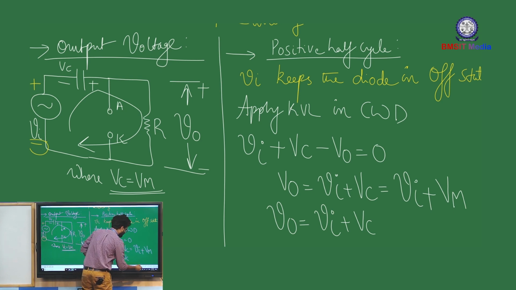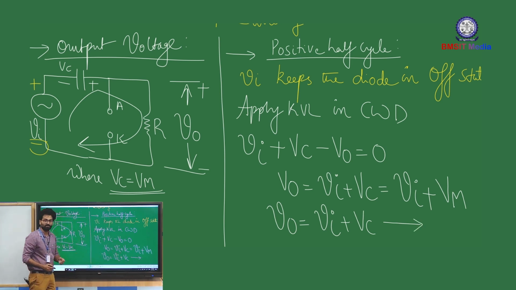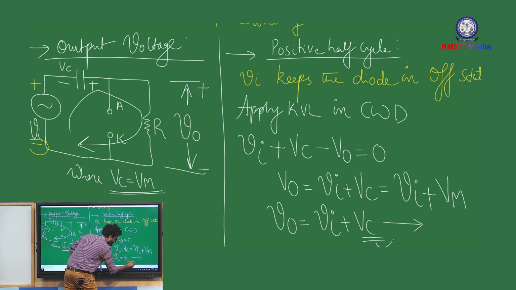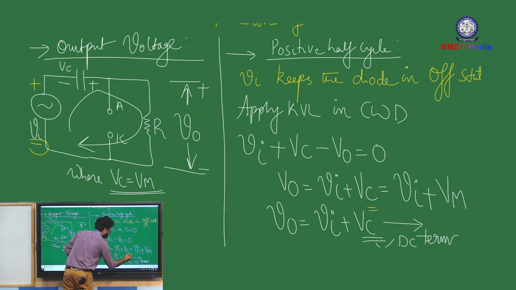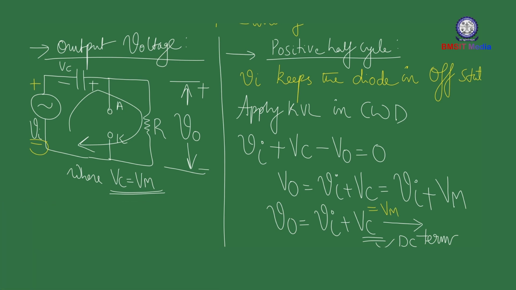As you can clearly observe, your output equation consists of a DC term. And what is that DC term? The Vc term. Vc is nothing but the DC term, and the value of Vc is nothing but Vm, the maximum value of the input.